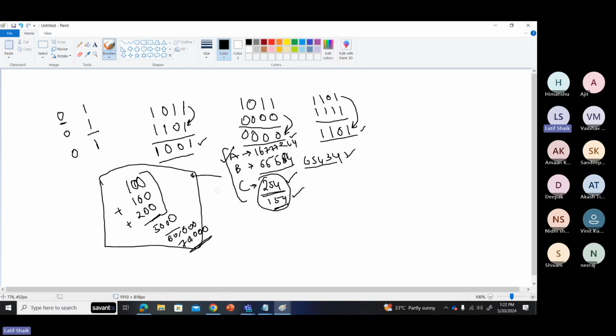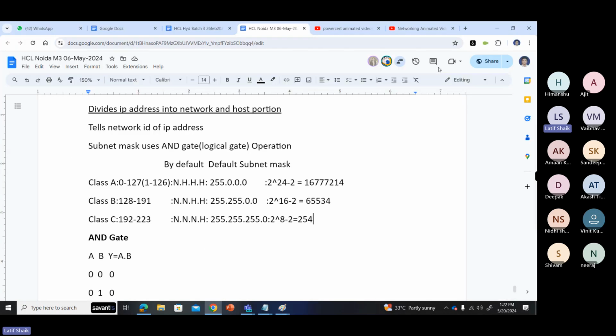See, this is one of the reasons we divide IP addresses into classes: for the best utilization of our IP addresses, and then based on our subnet mask, we divide them into logical portions, a network portion and a host portion. Why divide them into network and host portions? We can best utilize the IP addresses.